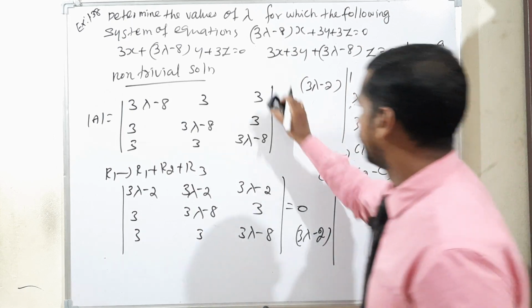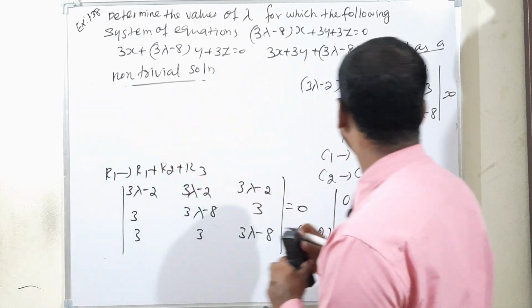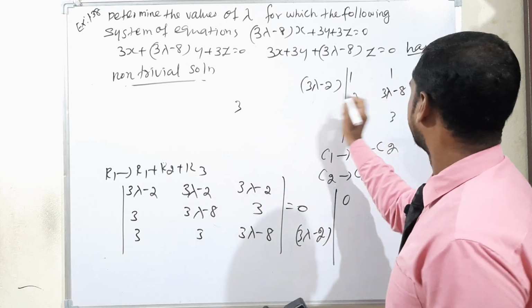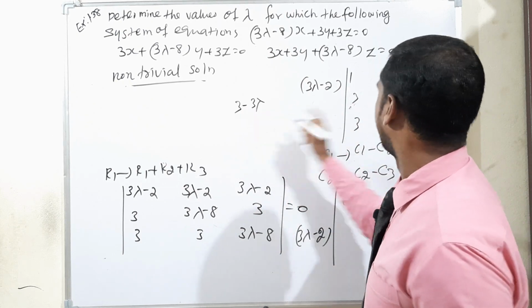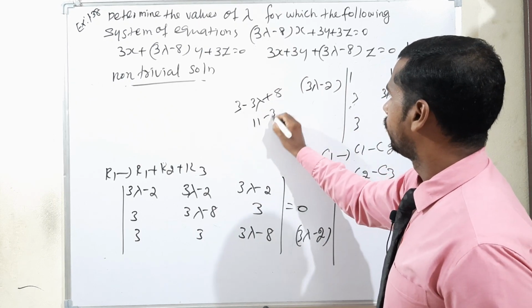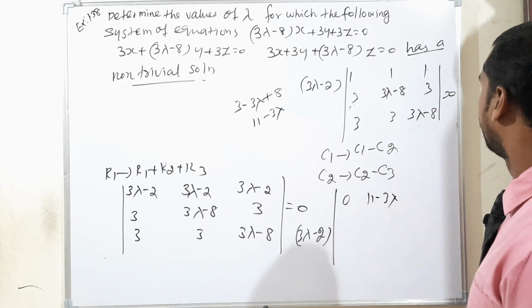Next, 3 minus, here minus 3 lambda minus 8 means plus 8, so 3 plus 8 is 11, giving 11 minus 3 lambda.